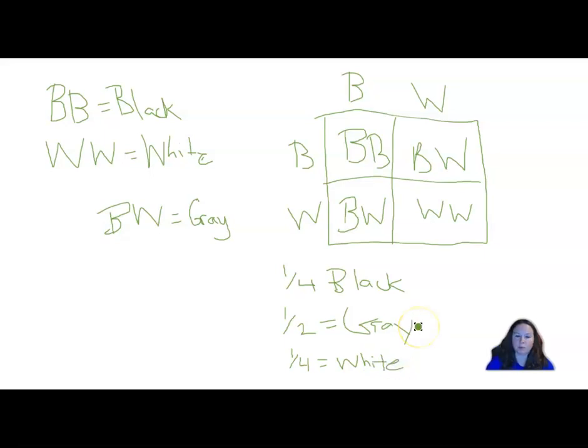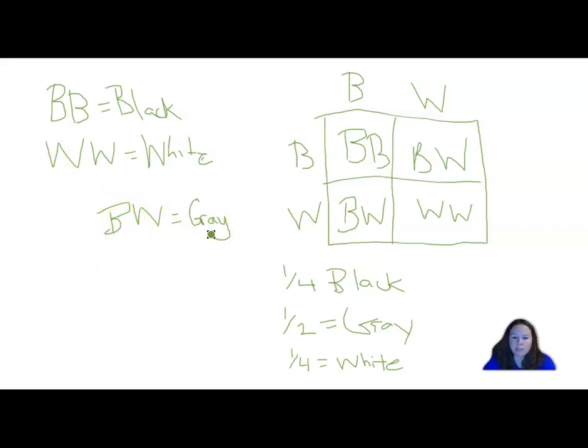As I've mentioned before, there's different ways that I've seen these problems done. Some people use the old notation using like a big B. They pick one of these colors, black or white, to have one letter, like a big B, and then they use the lowercase for the white, little b. But when you do that, then you have to remember that those two alleles are dominant together and you're going to get a blend. And so then big B, little b would be gray.